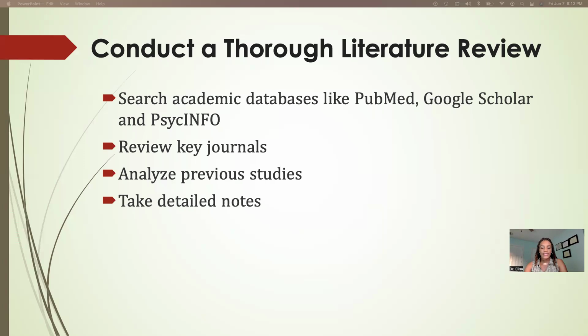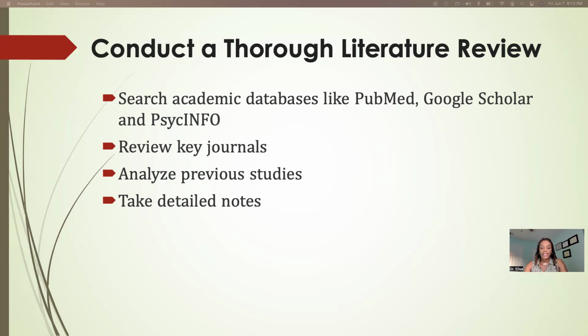You should also pay attention to the methodologies, findings, and conclusions of previous studies. So you want to look for patterns and recurring themes, right? As you read, take detailed notes on what has been done so far on your topic, what questions have been answered already, and then you'll be able to figure out what gaps still exist. Some articles may also have some information on recommendations for future research.